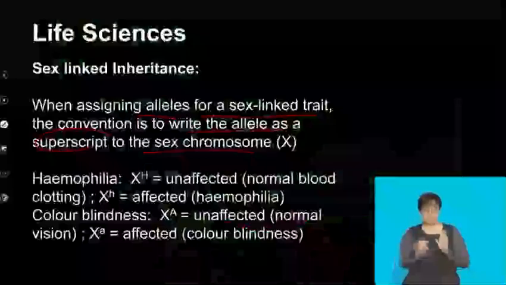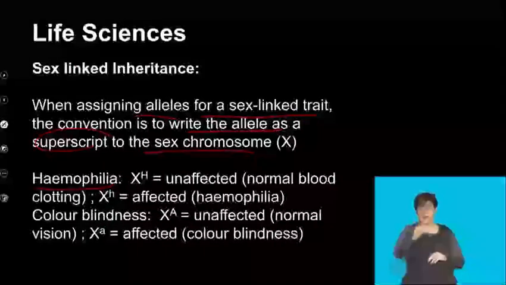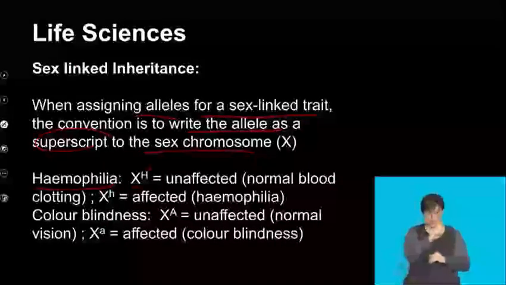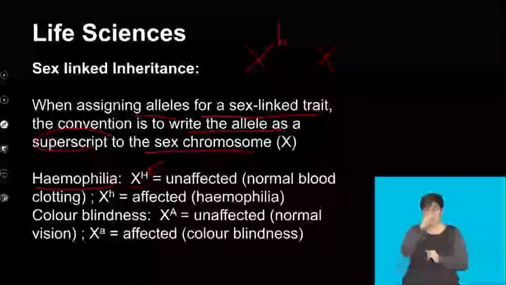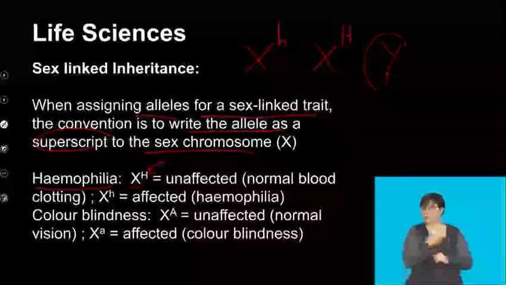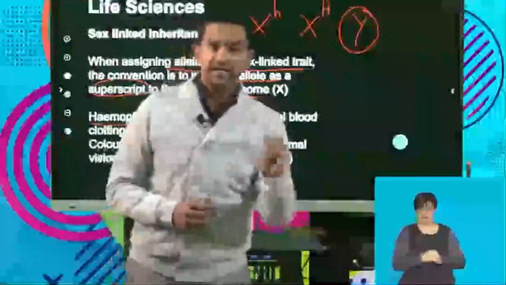So the example we're referring to is hemophilia. We use the gender as well as the allele as a superscript, so you've got to indicate the X dominant and recessive alleles using that notation. The Y chromosome in males does not have the allele. Remember that this is an X-linked characteristic.